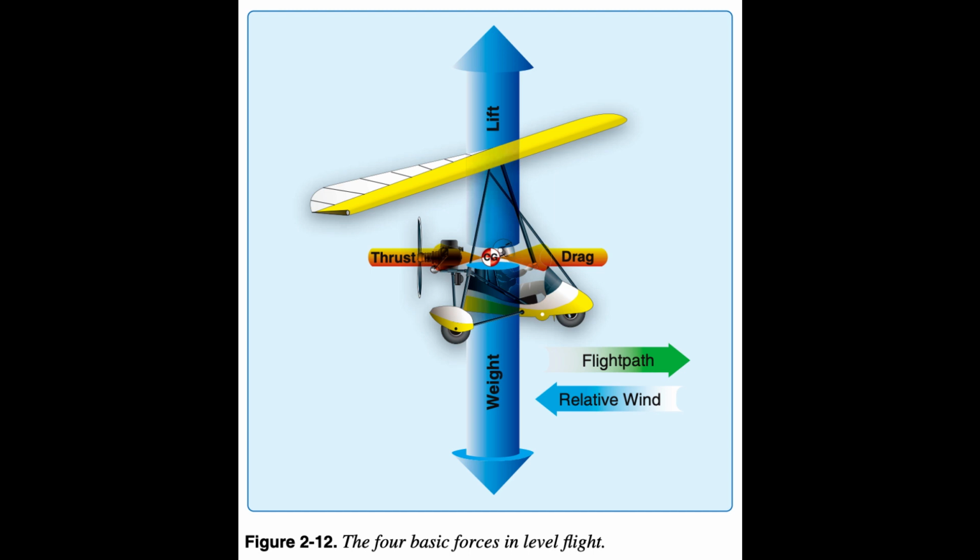Lift, the aerodynamic force caused by air flowing over the wing that is perpendicular to the relative wind. Weight, the force of gravity acting upon a body straight down and perpendicular to the earth. During level flight, these forces are all horizontal and vertical. During descents or climbing, these forces must be broken down into components for analysis.